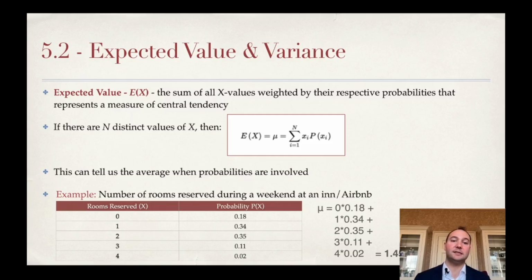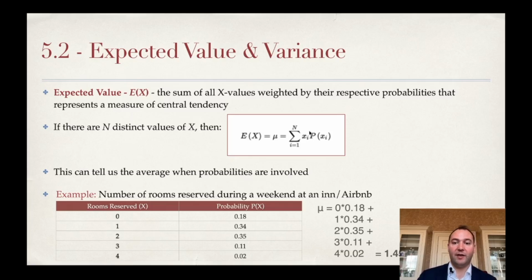If there are n distinct values of x, then our central tendency, mu, can be calculated as each value x times the probability of that value occurring. The expected value equals mu. Mu is the average. In this case, we're looking at a weighted probability.